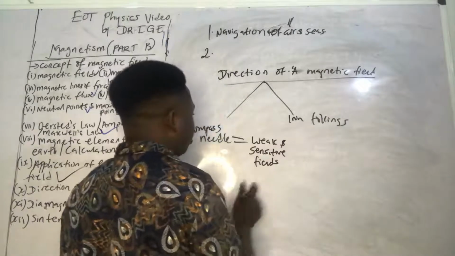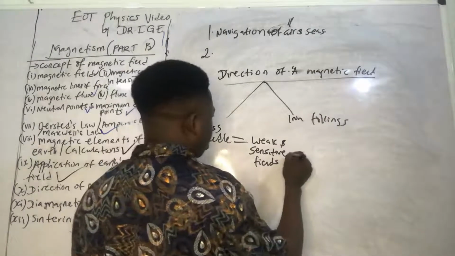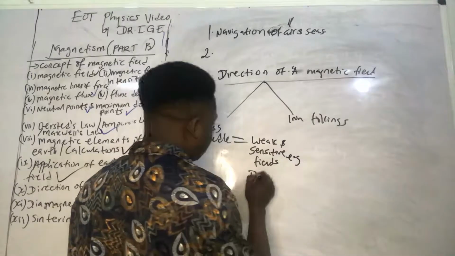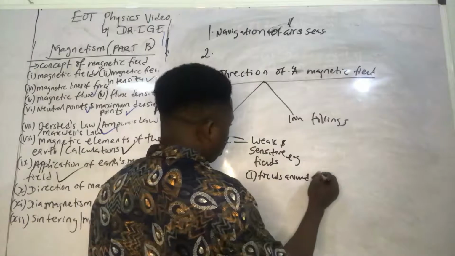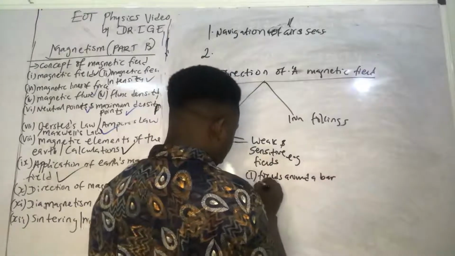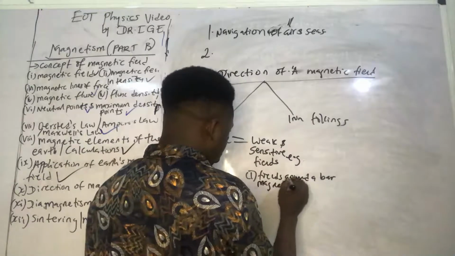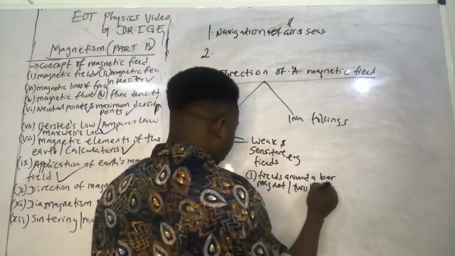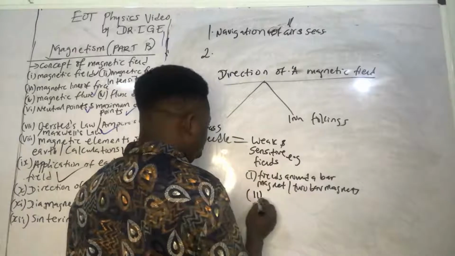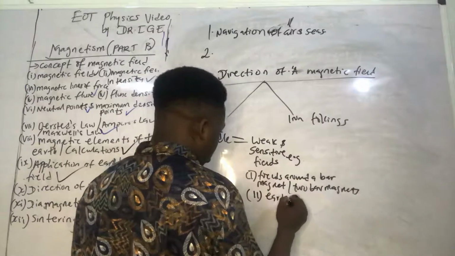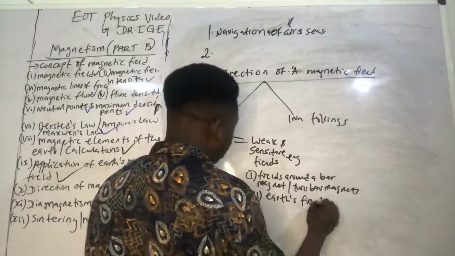It's used for weak and sensitive fields, e.g. fields around a bar magnet or two bar magnets. You also use it to measure the direction of the Earth's field. I'll explain on this thing.